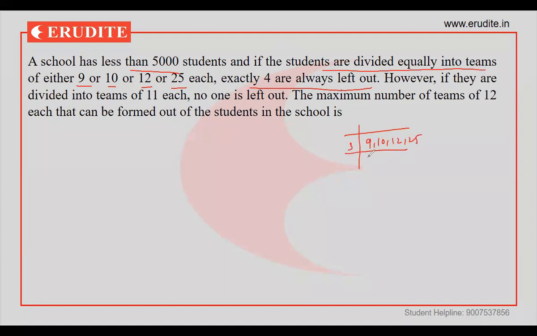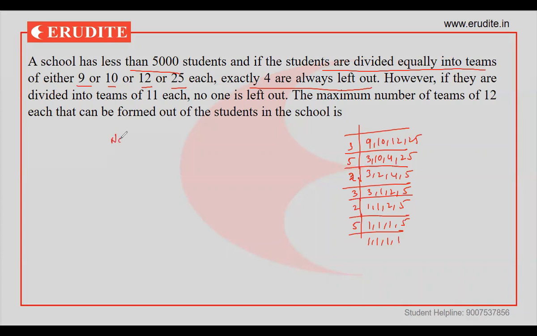So let's start with 3, then a 5, then a 2, then again 3, again 2, and the last one with 5. Once you multiply, the number is coming 900.